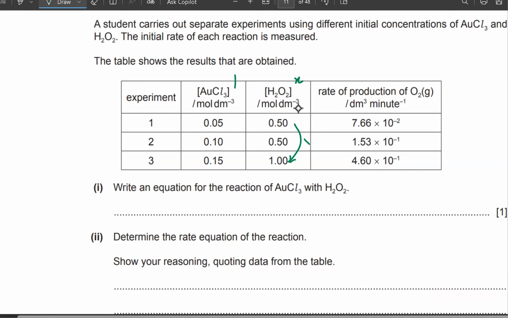So this becomes double, and I don't know what's going to happen to the rate, right? This is becoming 3 times, right? Is that clear? Because of this becoming 3 times, the rate will increase and become 3 times. So what is 7.66 times 10 power minus 2 into 3? What do you get?